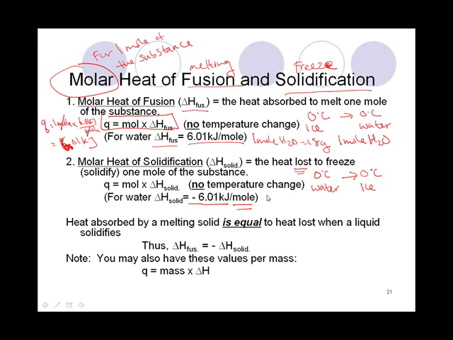So let's say I have 32 grams of H2O. I know that 18 grams is the weight of 1 mole of H2O, and that gets me 2 moles of H2O.